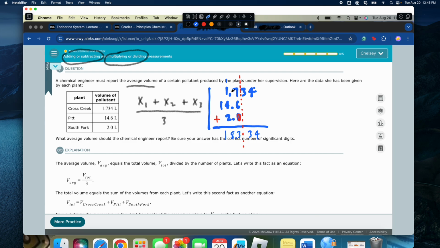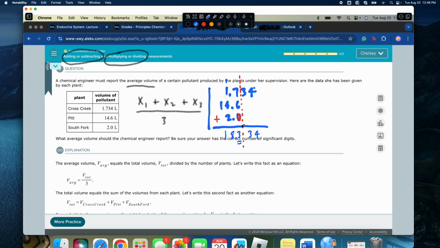I'm not really trusting myself, so I'm going to do this with my calculator also. Do it twice: 1.734 plus 14.6 plus 2 is equal to 18.334. That's correct. So it's 18.334, and this is the last digit that I can report. That's the last digit I have confidence in.